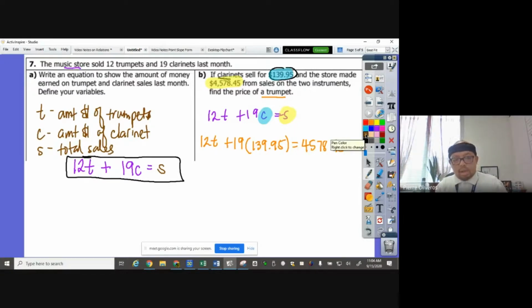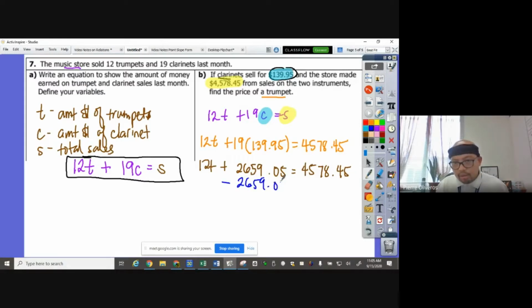Then we get the product of 19 times 139.95. That will give us 12T plus 2,659.05 is equal to $4,578.45. We will subtract 2,659 dollars and 5 cents on both sides of the equation.